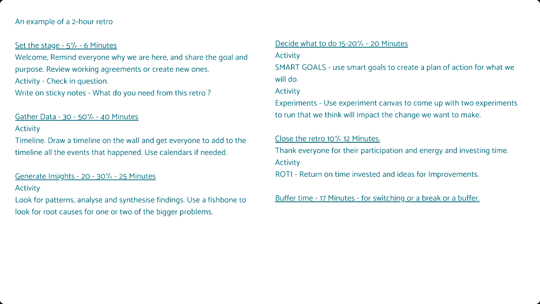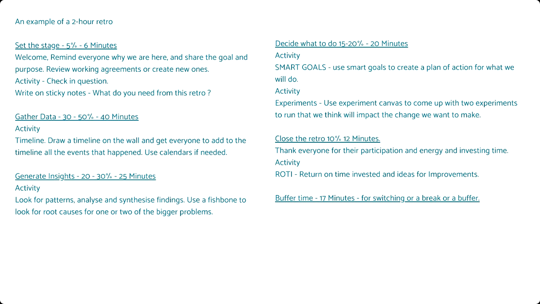So I like to think about batching my time up into short amounts of time for setting the stage. You just want to quickly do that. Gathering data, depending on how many people and how long you're retroing back to, can take a little bit of time, so between 30 and 50%.